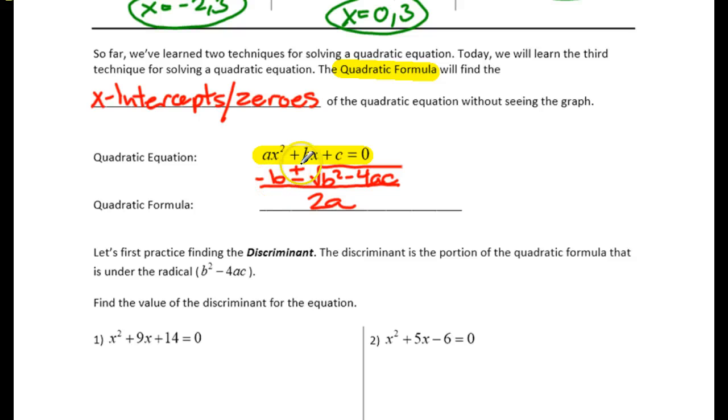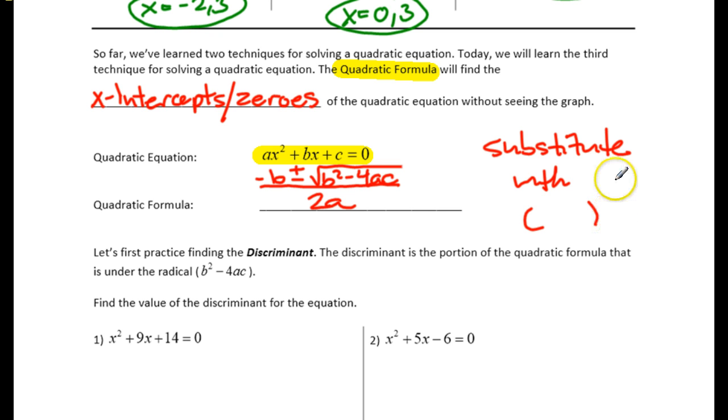Okay? So basically, these letters are important. You're going to plug in your b value, the number in front of the x, here. You're going to plug in your a, the number in front of the x squared, here and here, and then your constant goes here. And like we said ever since chapter 1, when you substitute, remember this most important thing, you need to substitute with parentheses.